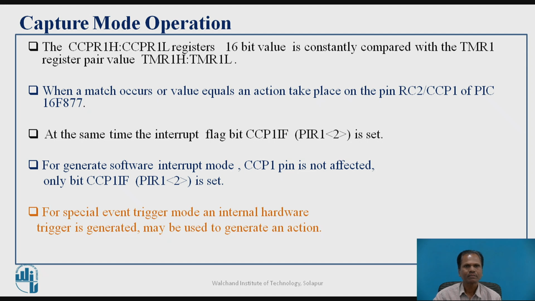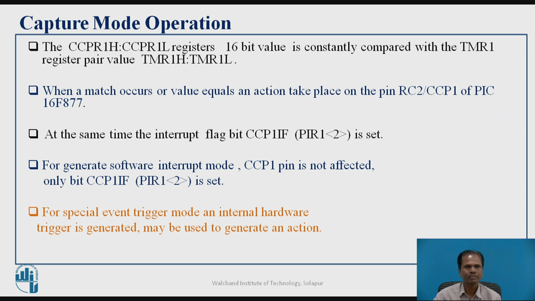Compare mode of operation: a 16-bit value is constantly compared with the timer 1 register pair value, TMR1H and TMR1L. When a match occurs, or the values are equal, an action takes place.